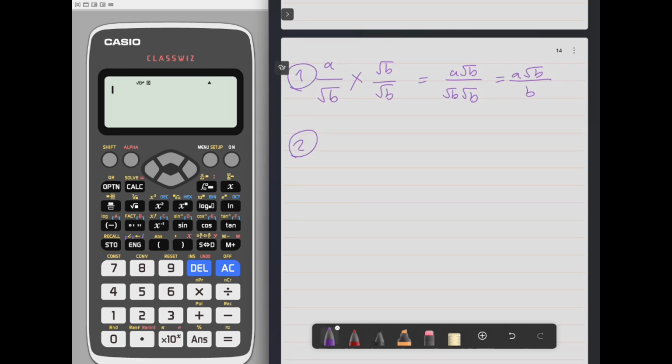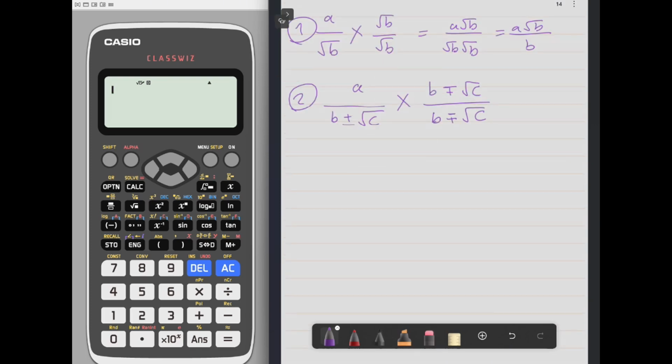As for the second case, if you have a over b plus or minus root c, you are going to multiply this by b minus or plus root c over b minus or plus root c. Okay, how do we get to this result?